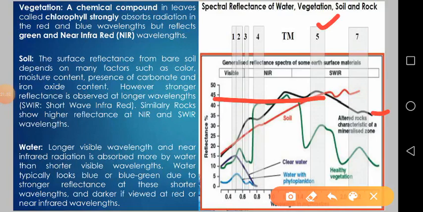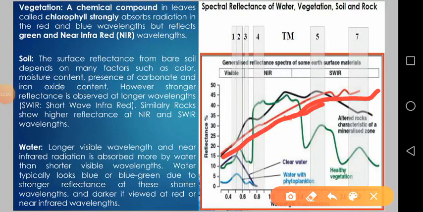Similarly, if there is soil or strata existing on the earth surface, we must use the seventh band, in the short wave infrared region, in order to interpret it easily, as it again has a higher reflectance percentage.